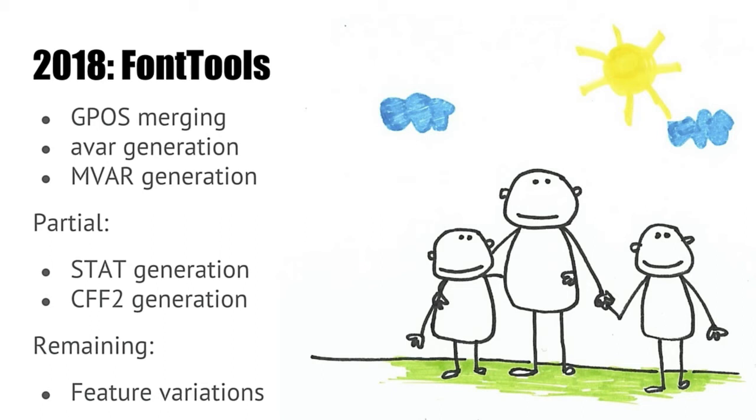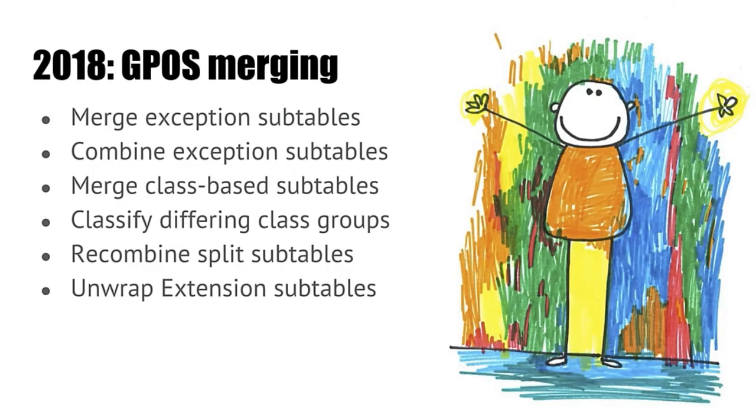Feature variations I didn't get to touch on. So on the GPOS merging, as I said, we now do all kinds of different things. So you don't need to worry about it as long as the GPOS tables of the different master binaries are similar enough. The code should take care of it.